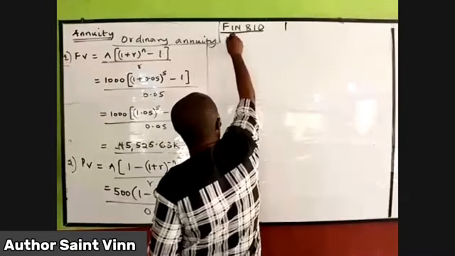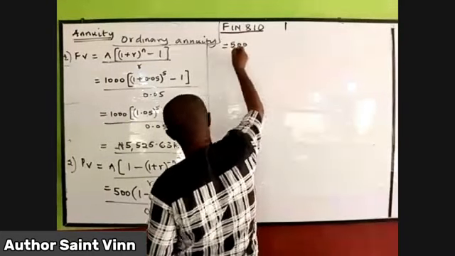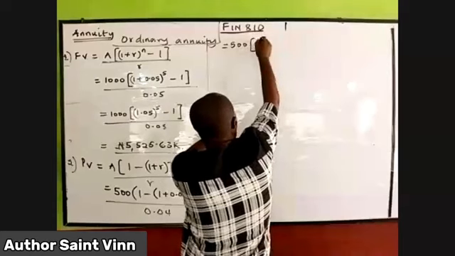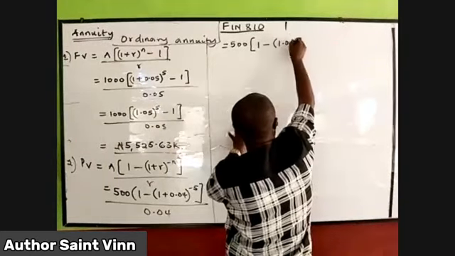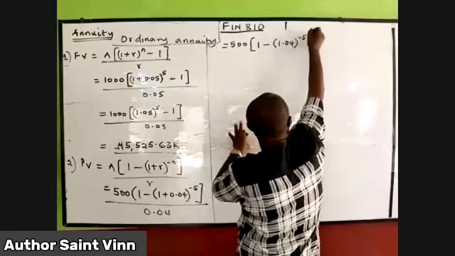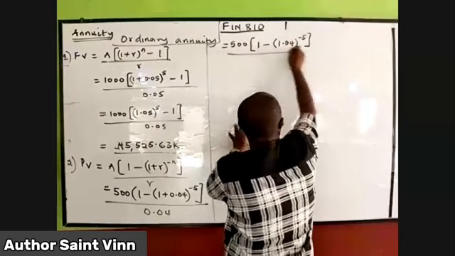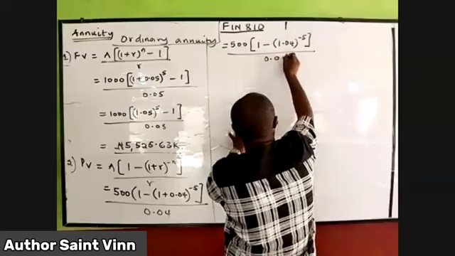So it's going to be 500 into 1 minus 1.04 all raised to power minus 5 all over 0.04.